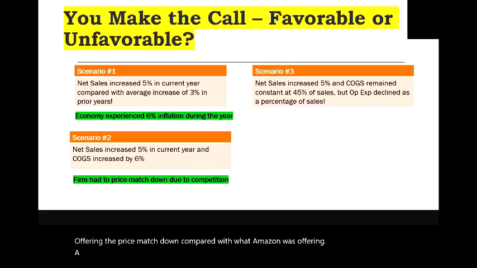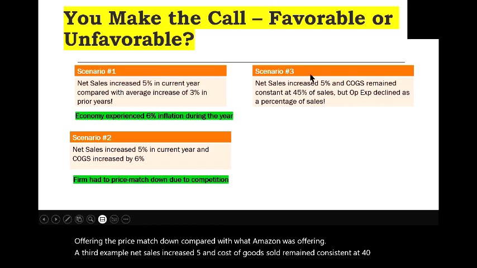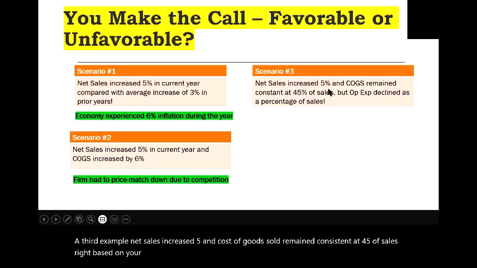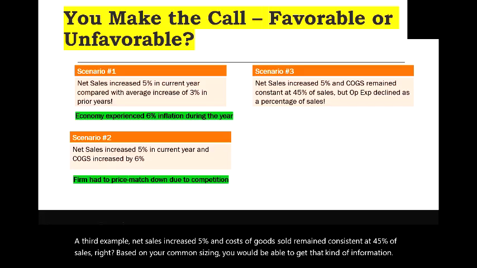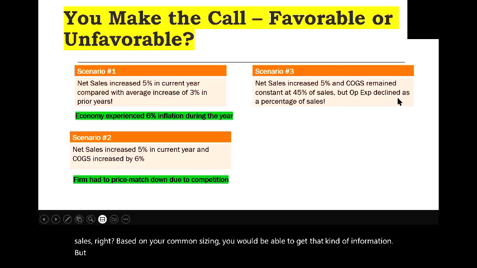A third example, net sales increased 5% and cost of goods sold remained consistent at 45% of sales, right? Based on your common sizing, you would be able to get that kind of information. But operating expenses declined as a percentage of sales. Sounds good, right?